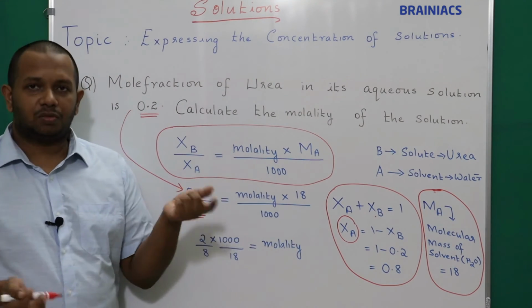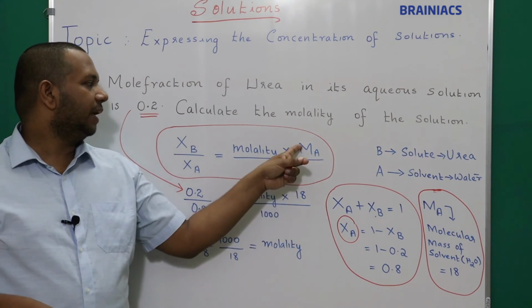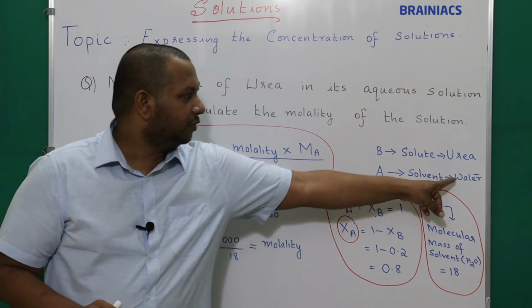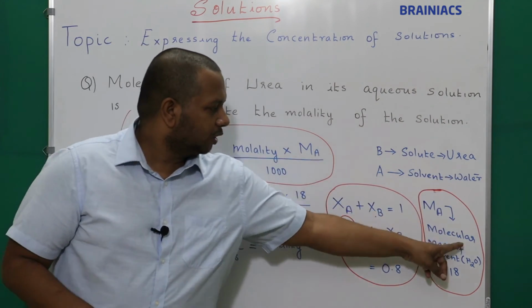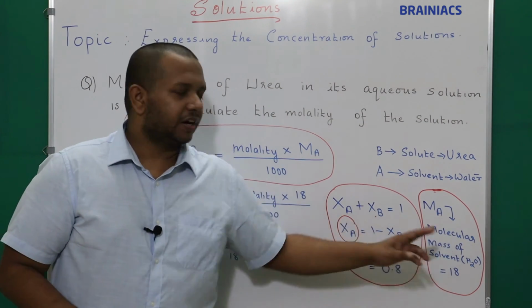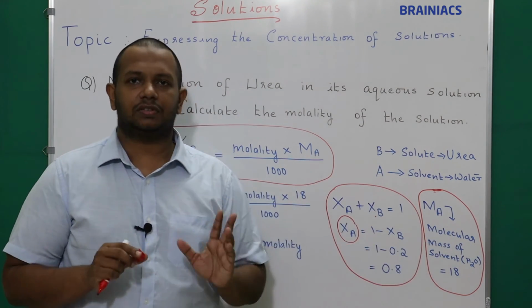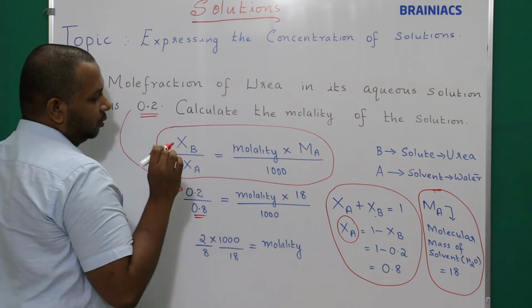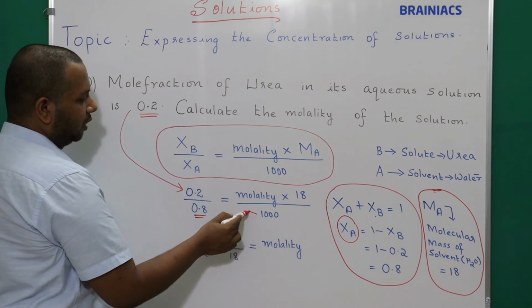Now molality is what we need to find out, into MA. MA stands for the molecular mass of A, the solvent, which is water. That is 18: 2 hydrogen, 2, with oxygen 16, 16 plus 2 is 18. So I substitute 18 here, divided by 1000. On rearranging, 1000 comes over here.